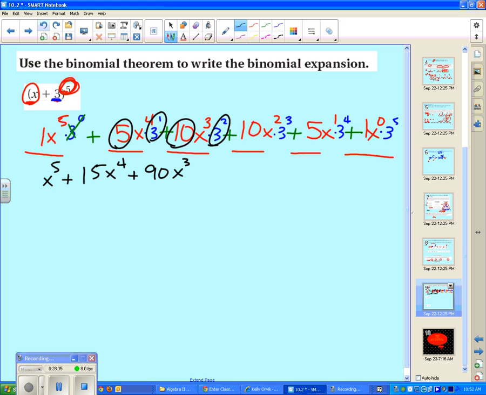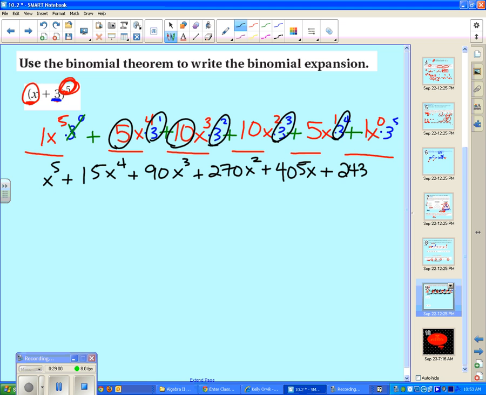You guys keep going. You finish the problem. Okay, let's finish this up. So 3 to the third is 27 times 10 is 270. 3 to the fourth is 81 times 5 is 405. 3 to the fifth is 243.